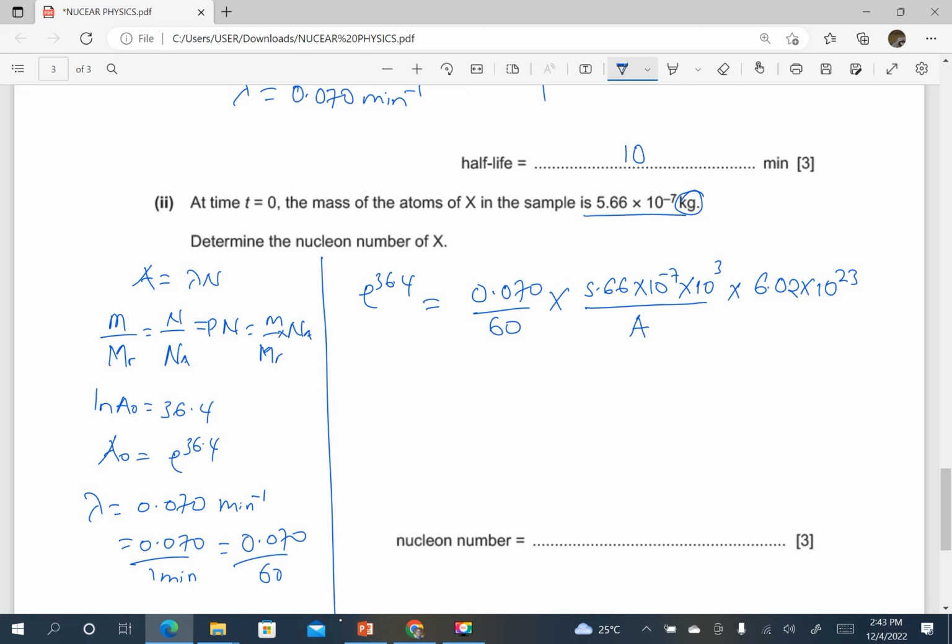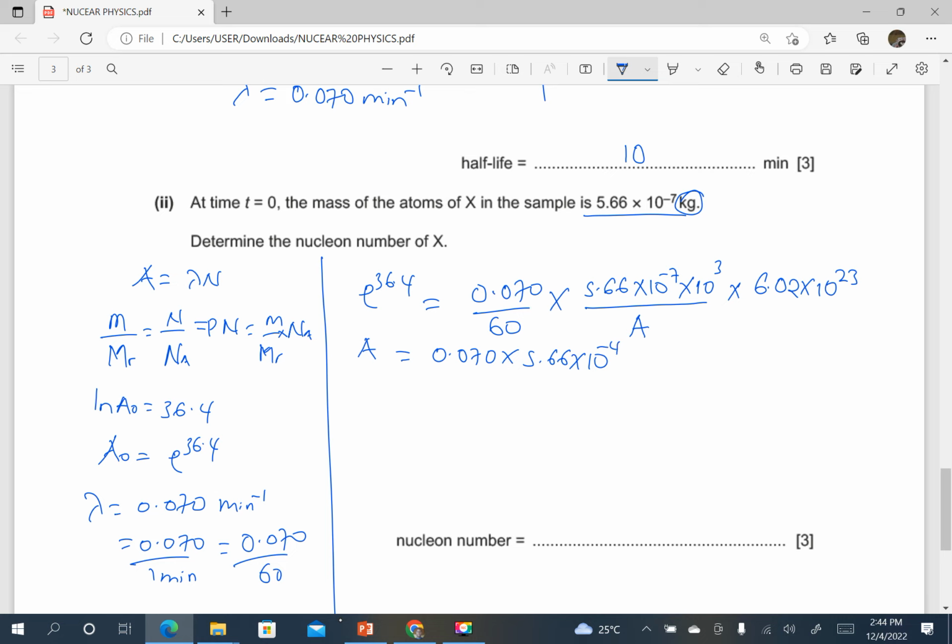Okay, so I'm just going to make A the subject by dividing. What is e power 36.4? I'm going to get this one times 60. So A is going to be equal to 0.070 times 5.66 times 10 power 3 multiplied by power negative 7.